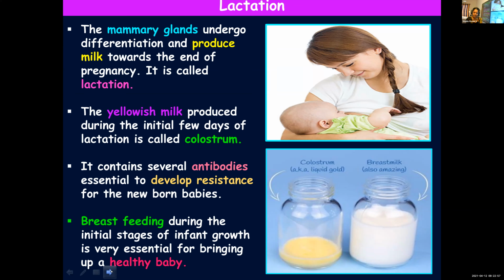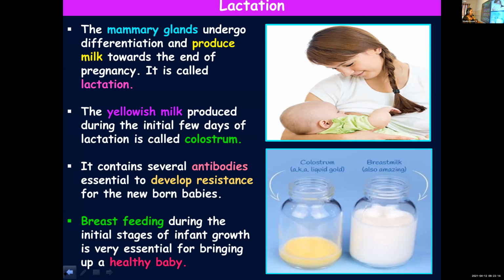You call it colostrum, and this colostrum is rich in antibodies, and these antibodies will help in developing resistance in the baby so that it can grow up to be a healthy baby. Clear? Any doubt? Yes or no? No, ma'am. Okay.